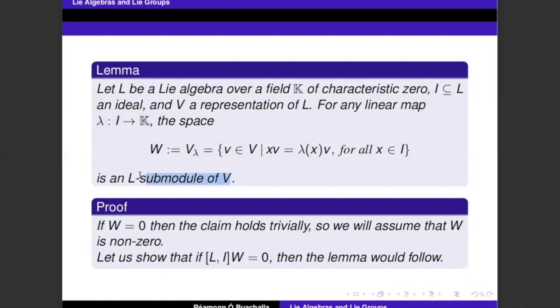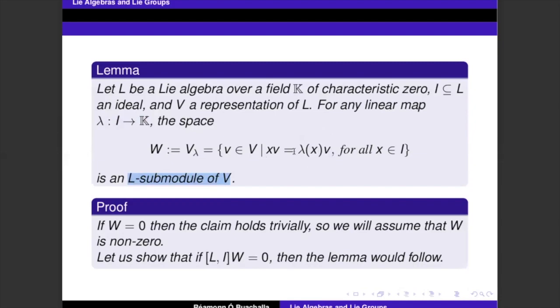The non-trivial part of the theorem is this: even though W is defined in terms of I, it turns out that it's a submodule for the whole Lie algebra. Now, be careful, we're not asking that a general element of the Lie algebra L is going to act by some sort of scalar multiplication. This is not the case.